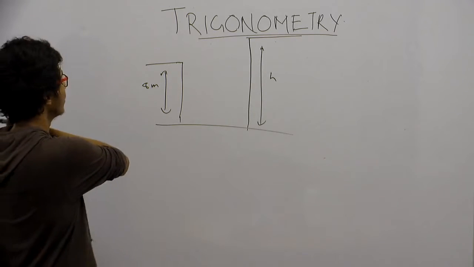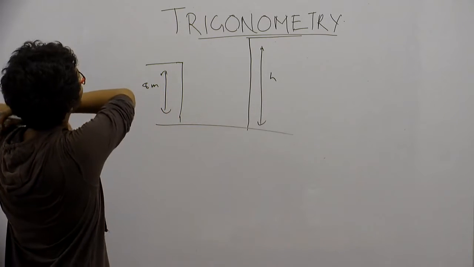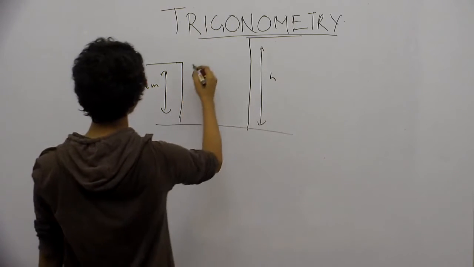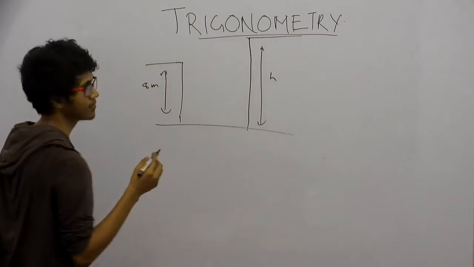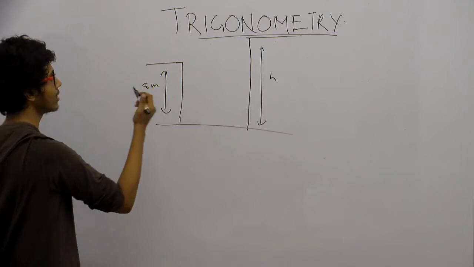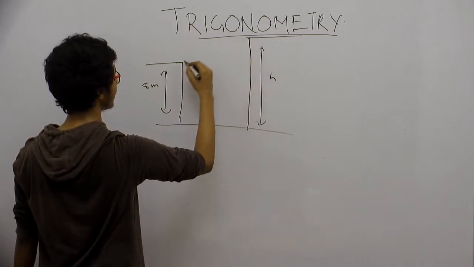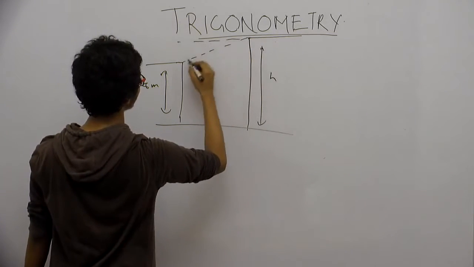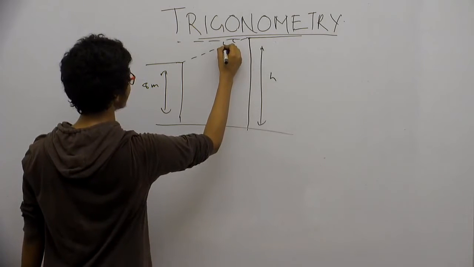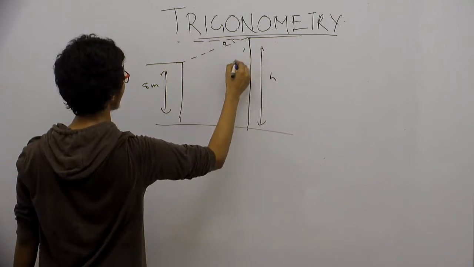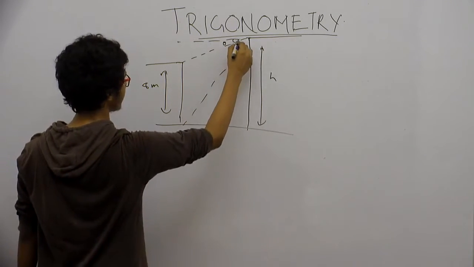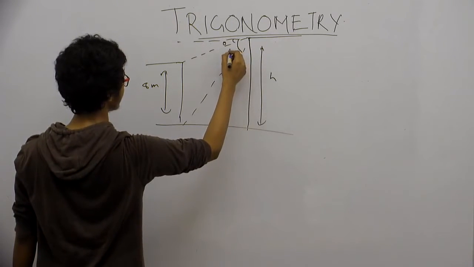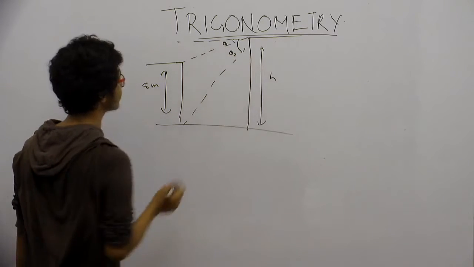Now we are given the angle of depression. Why is it called an angle of depression? Because the person standing here has to look down, and using this reference line, this is theta, and this whole angle, suppose this is theta 1, this is theta 2.